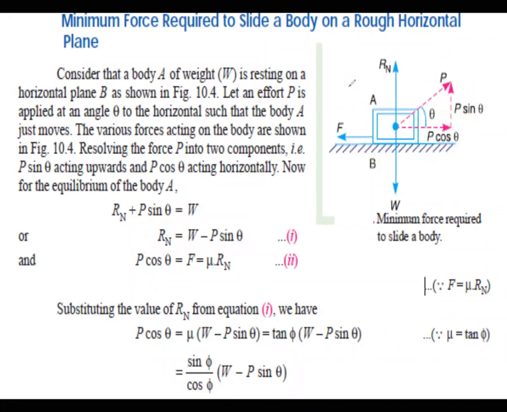Just remember that by resolving the inclined force, summing the horizontal forces and summing the vertical forces, and substituting equation 2 in 1, we have this equation. Then coming to the next slide.